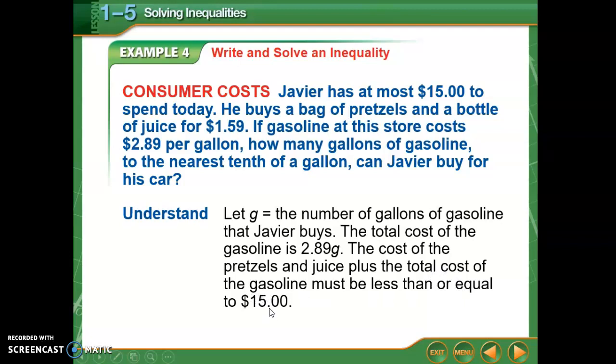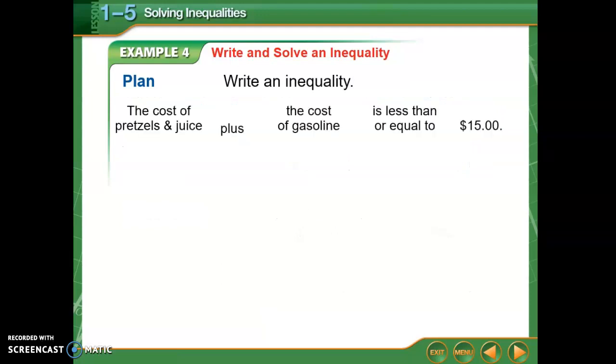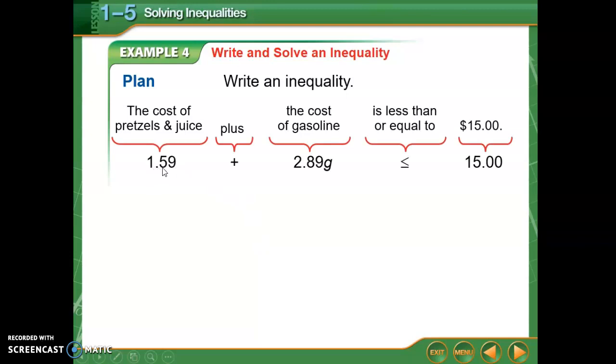Okay, so this is how we set up our inequality: 1.59, the cost of the pretzels and juice, plus 2.89 times the number of gallons must be less than or equal to the amount of money he has. And then you just solve it.